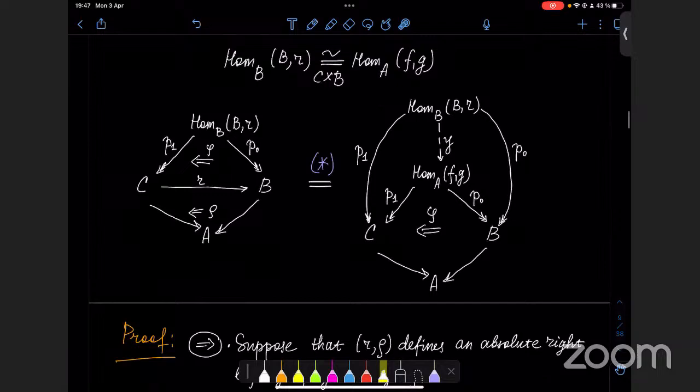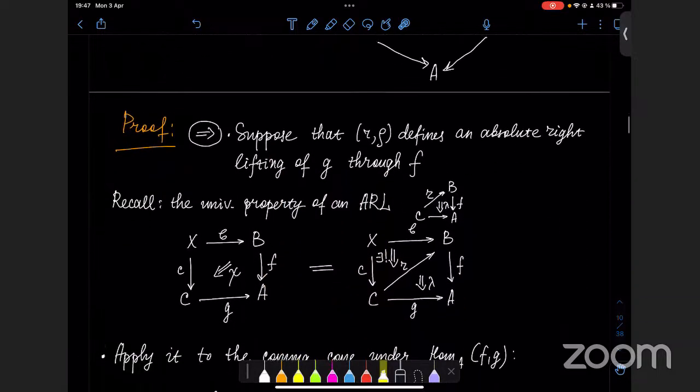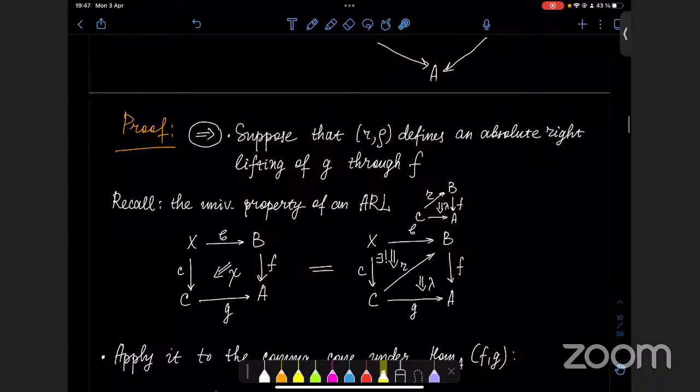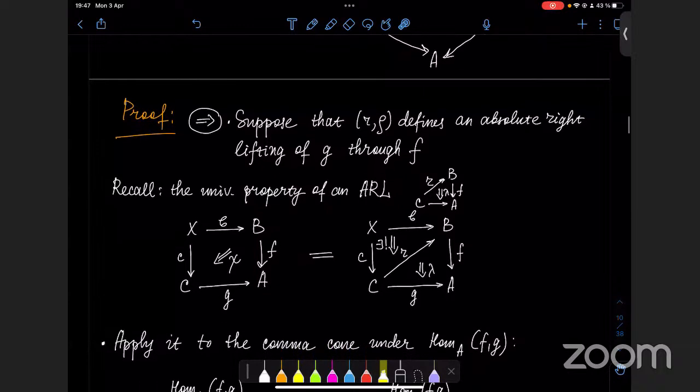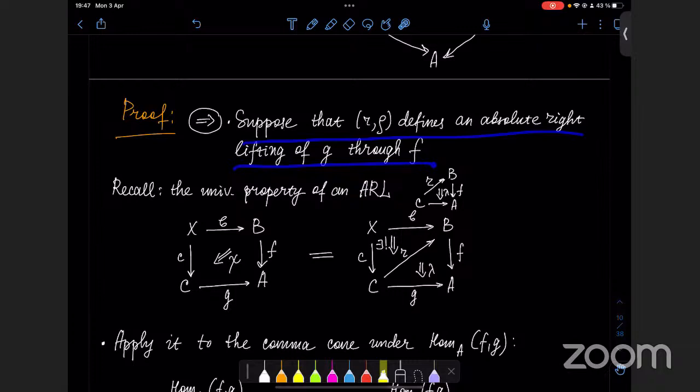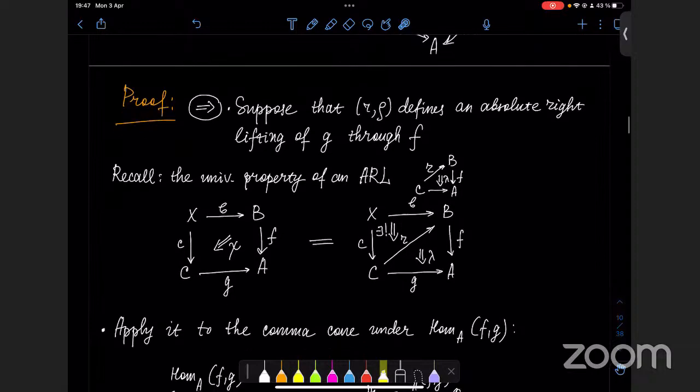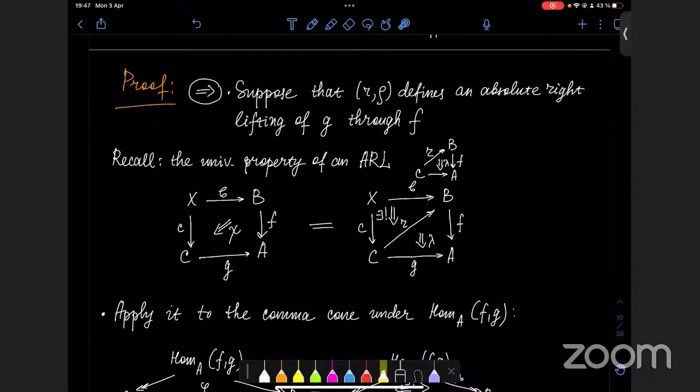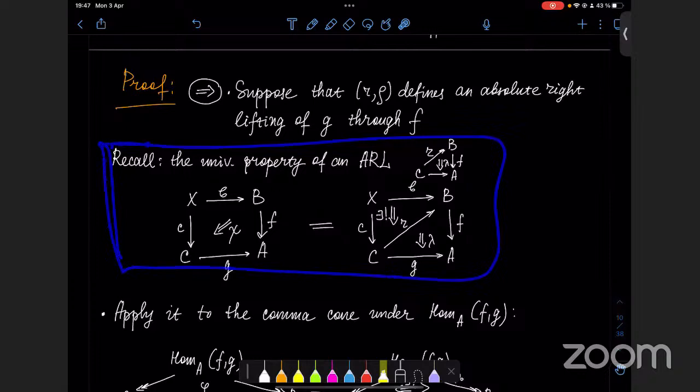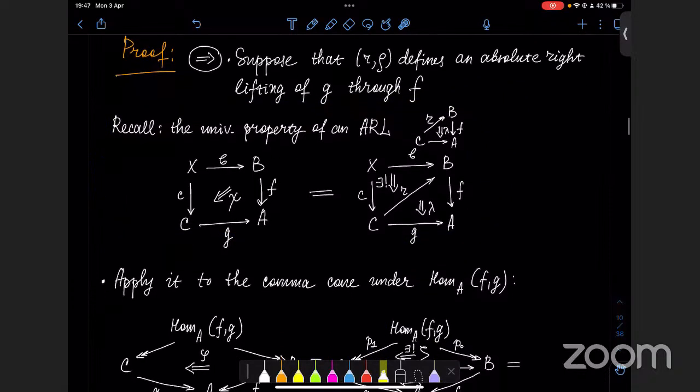I just recall some definitions. So the definition of an absolute right lifting diagram. Suppose that you have this triangle diagram, and this is an absolute right lifting of G through F. Then any diagram like this can be factorized through this lambda, where lambda fits into the absolute right lifting diagram.